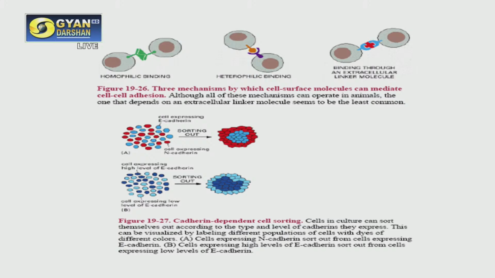So the red colored cells have one type of cadherin, and the blue colored cells have a different kind of cadherin. The blue colored cells will assemble together and the red colored cells will assemble together after they get sorted out, and then they give rise to appropriate tissues. So the cadherins not only act as a structural component, but also play a signaling, or functional, role.